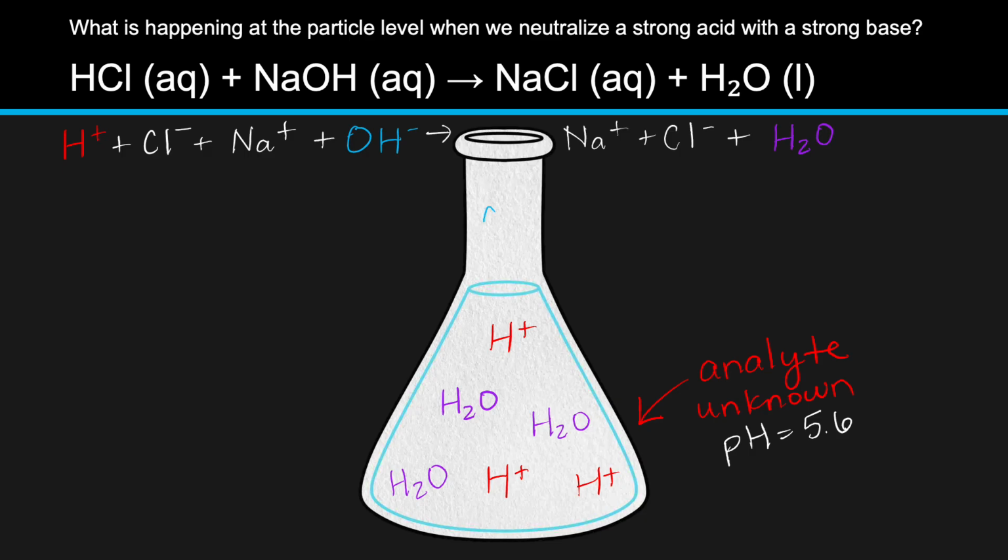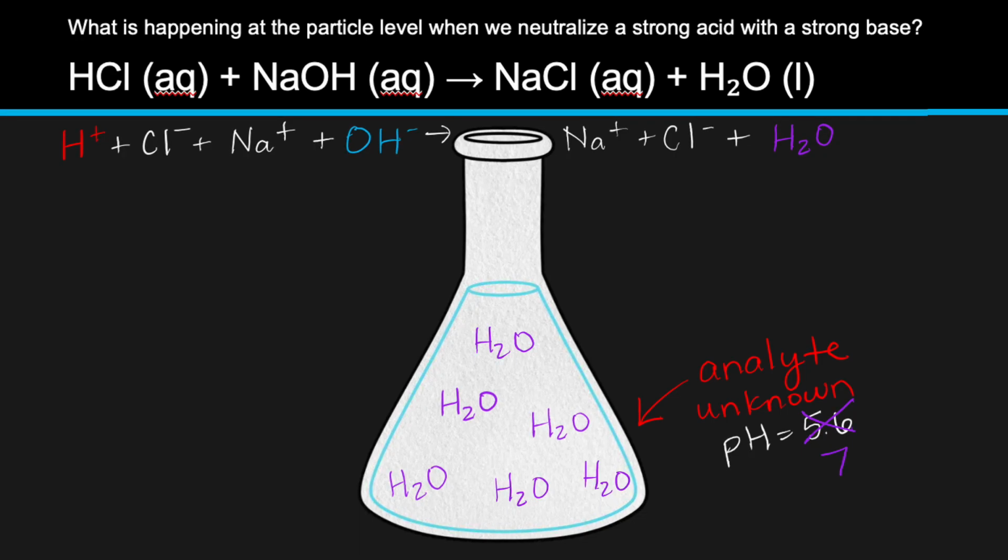So now we keep adding our base, or hydroxide ions, until all of the H plus ions have been neutralized to water. So now we had exactly 6 moles of H plus ions react with exactly 6 moles of OH minus ions to form 6 moles of water.